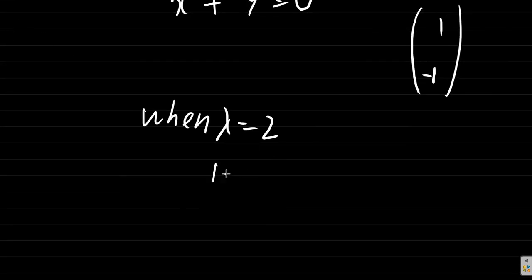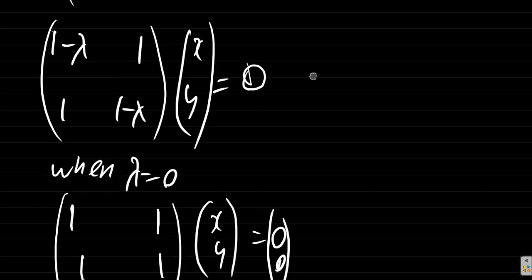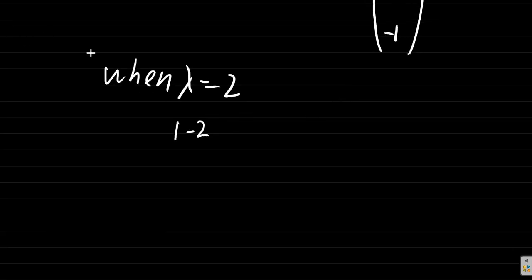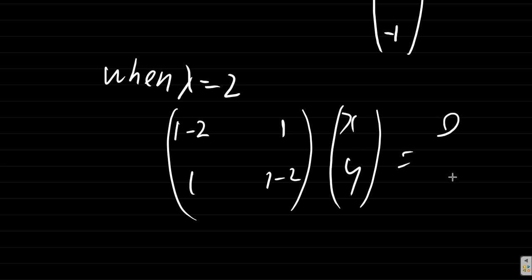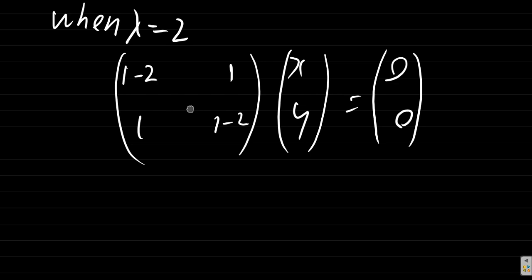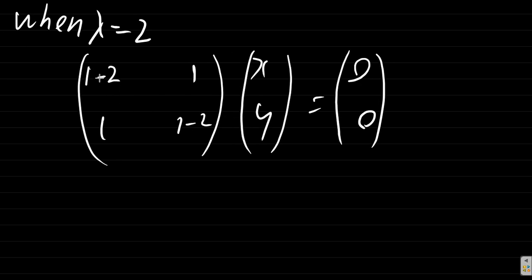So you have 1 minus 2, 1 minus 2 times x, y is equal to 0, 0. So this will work out as 1 minus 2 is equal to negative 1, and this 1 minus 2 also becomes negative 1.